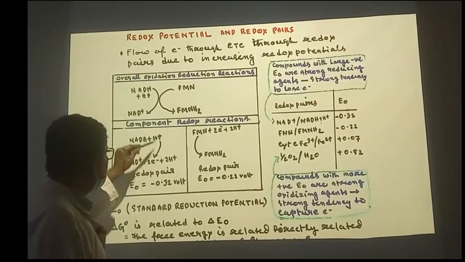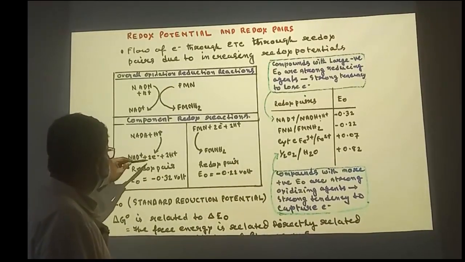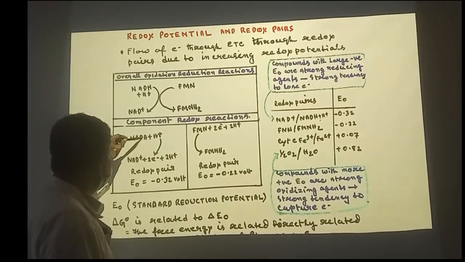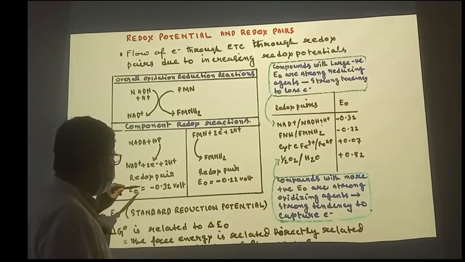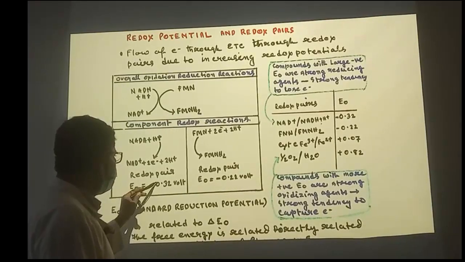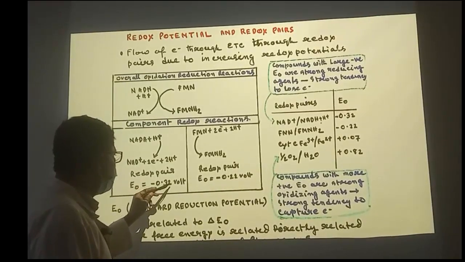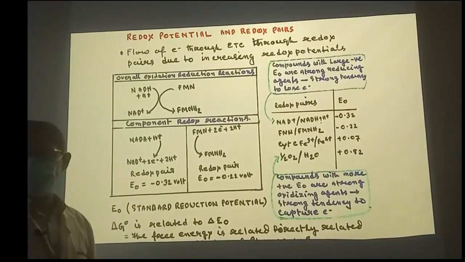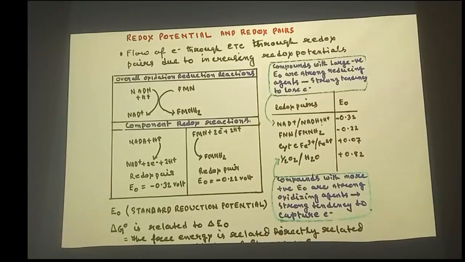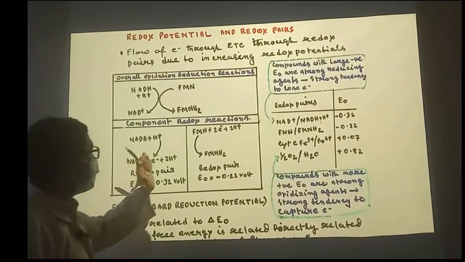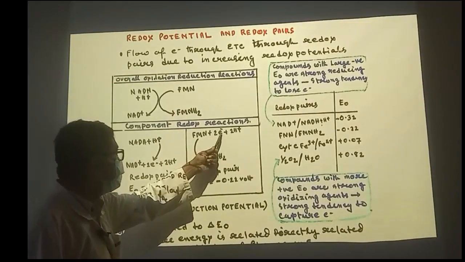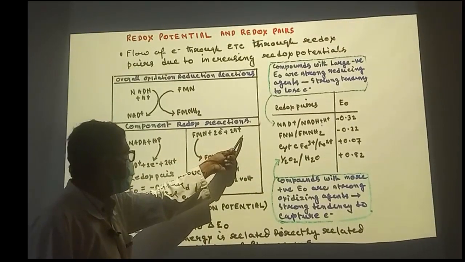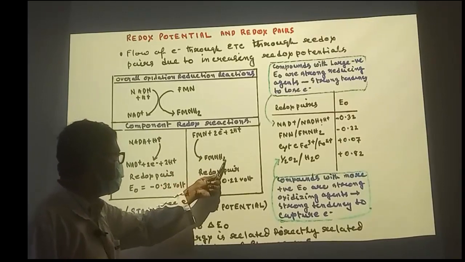These are the redox pairs, oxidation-reduction pairs. The standard reduction potential is minus 0.32 volt. Now in another set of reactions, FMN plus 2 electrons plus 2 H plus is converted to FMNH2.